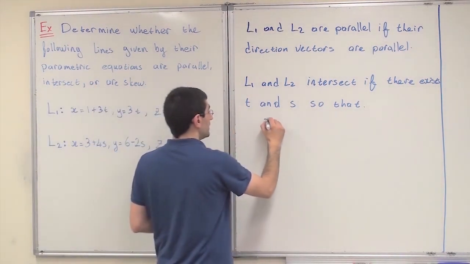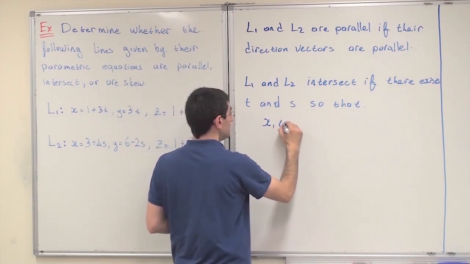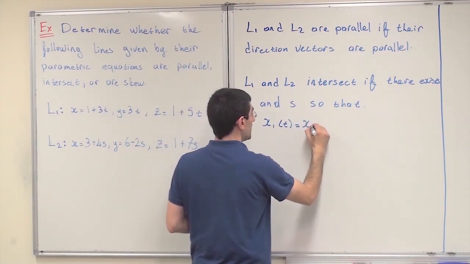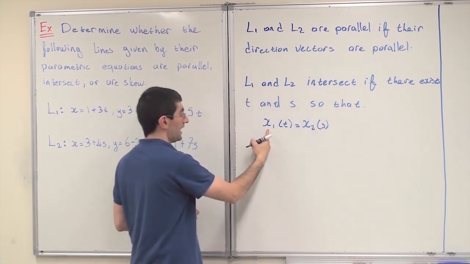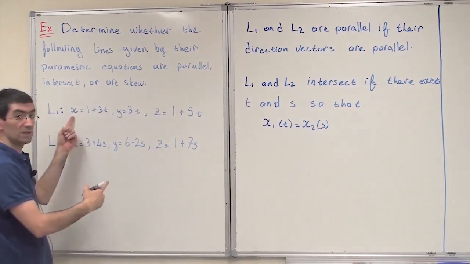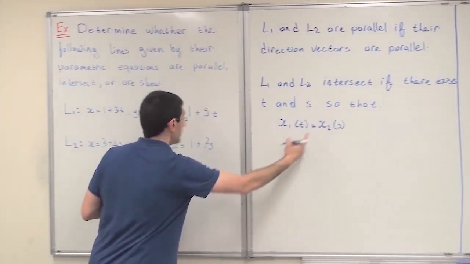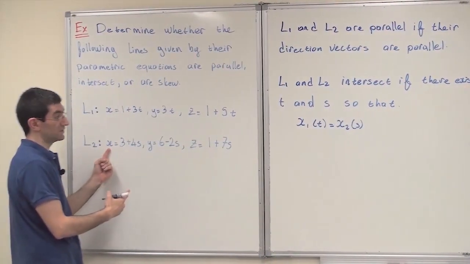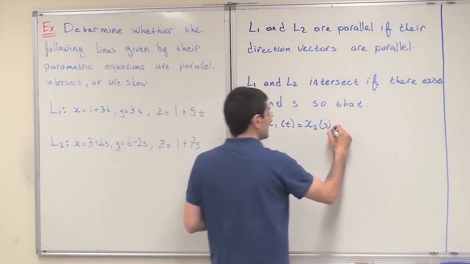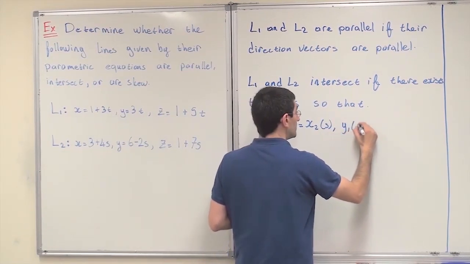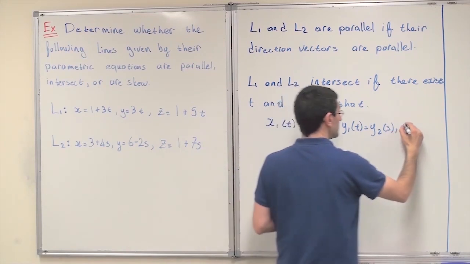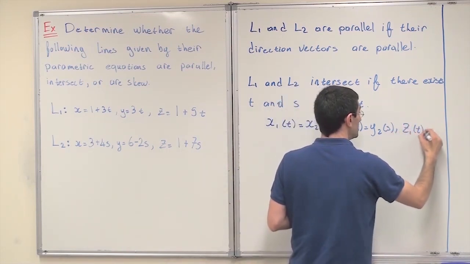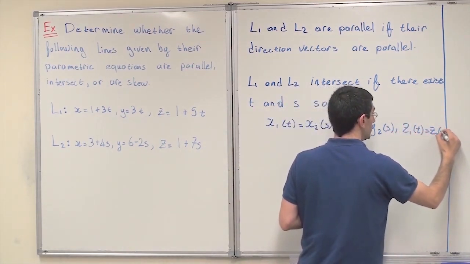In other words, x1(t) is equal to x2(s). Here, x1 means the x of line 1, and x2 means the x of line 2. And y1(t) is equal to y2(s), and z1(t) is equal to z2(s).